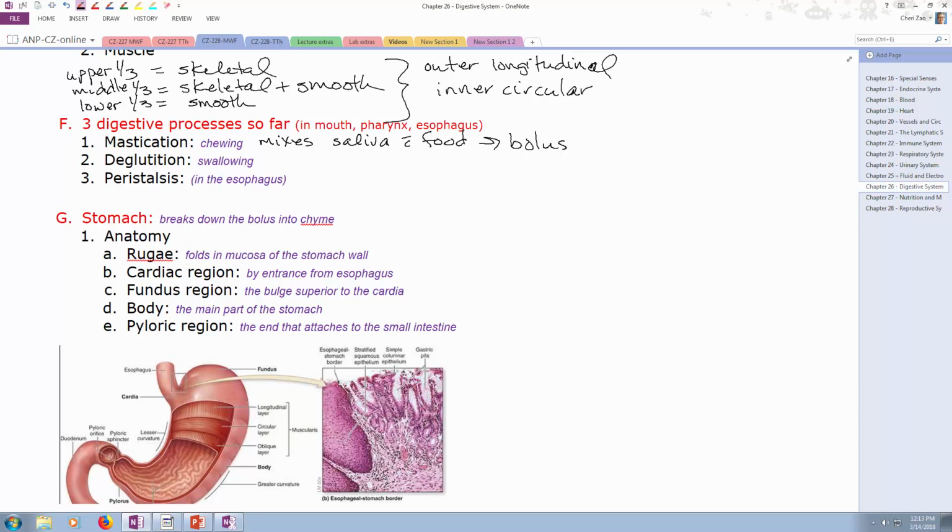Deglutition is the fancy word for swallowing, and then peristalsis occurs in the esophagus. Again, swallowing is movement of the bolus, and peristalsis is movement of the bolus down the esophagus.